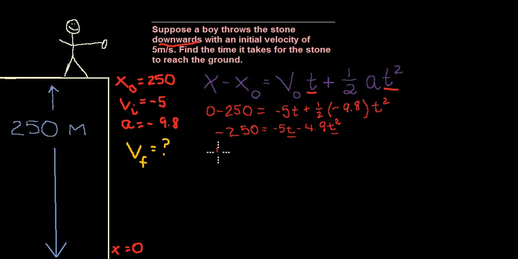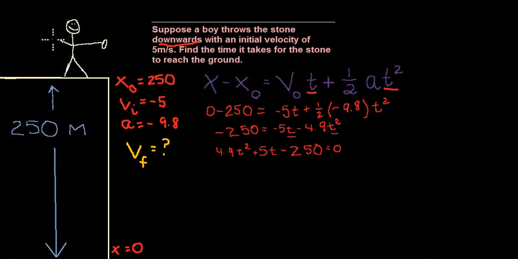So we're going to get 4.9t squared plus 5t minus 250 equals 0. And we're going to want to use the quadratic formula to solve for the t.